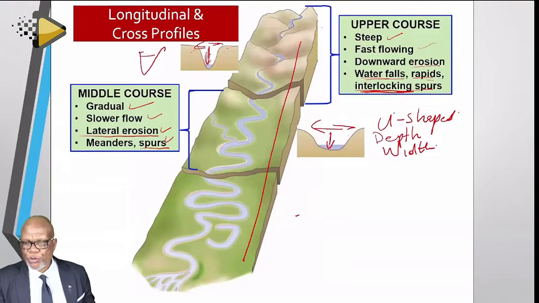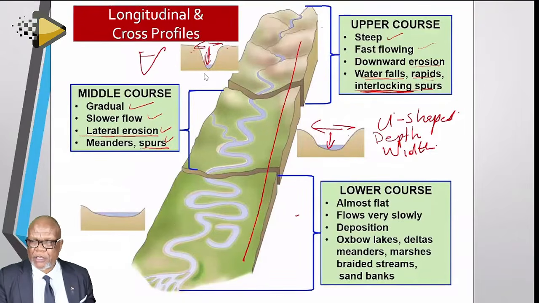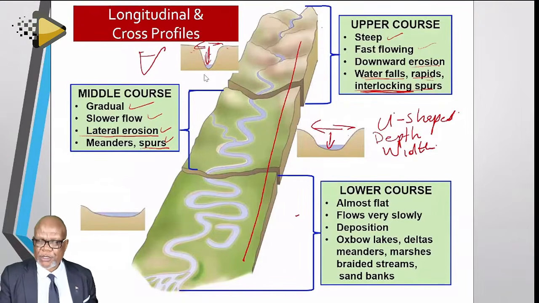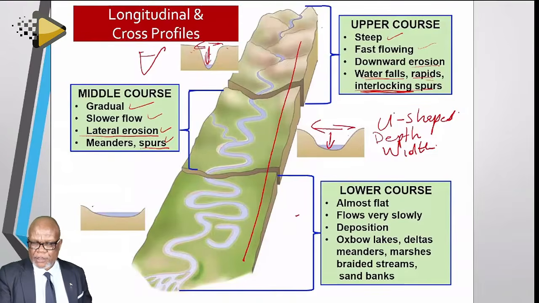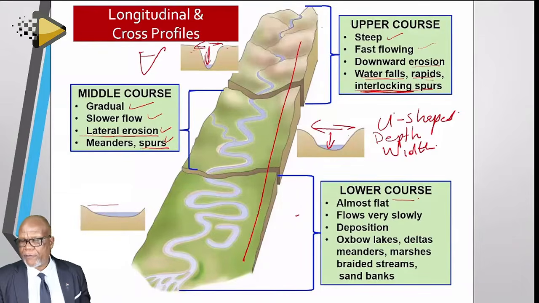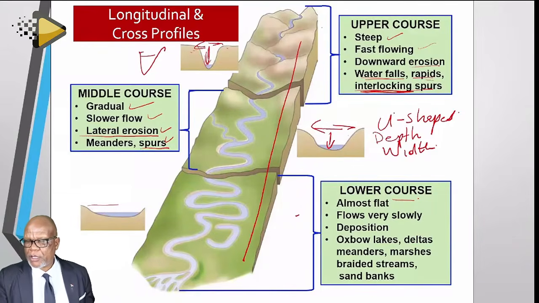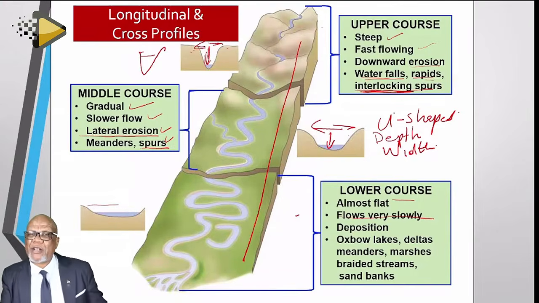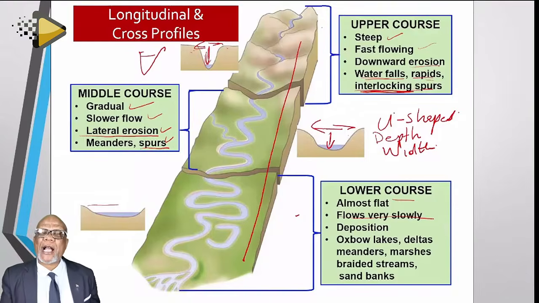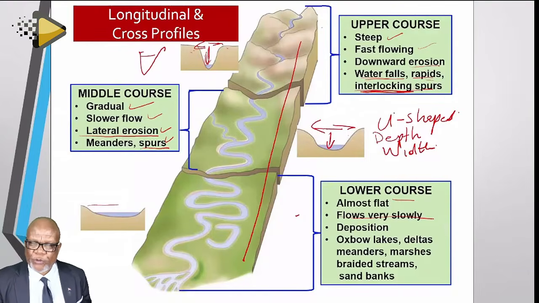But now, when you proceed to the river in its lower course, you will see the river is at its widest because the gradient there is almost flat. It flows very slow because of a gentle gradient. This is the point where the river has the highest volume of water.